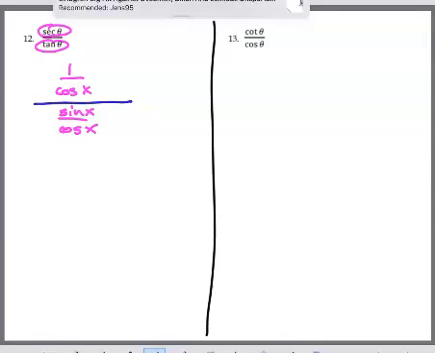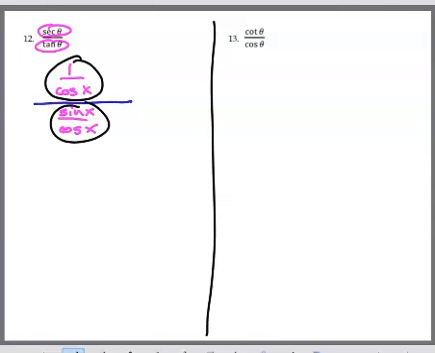We have a fraction within a fraction. So I'm going to take this divided by this, which is 1 over cos times, instead of sin over cos, cos over sin.